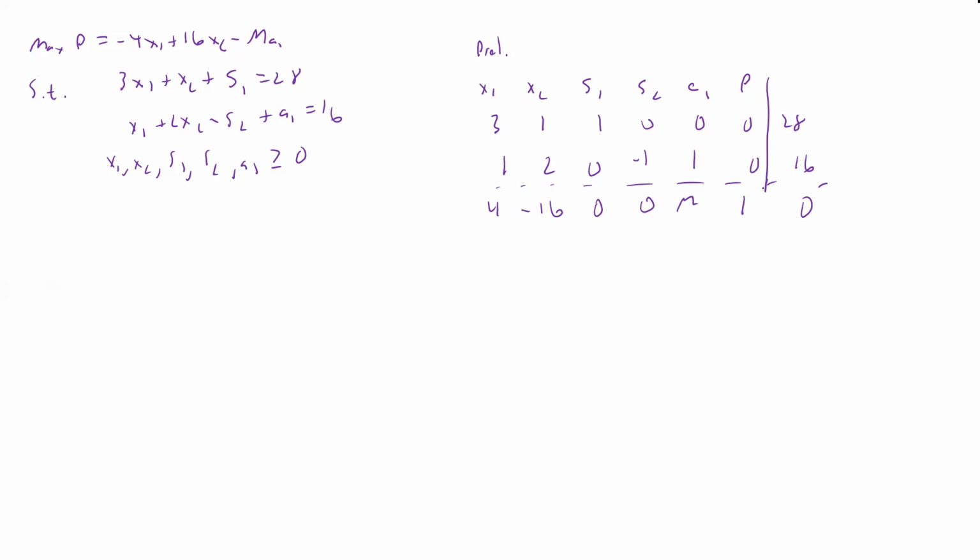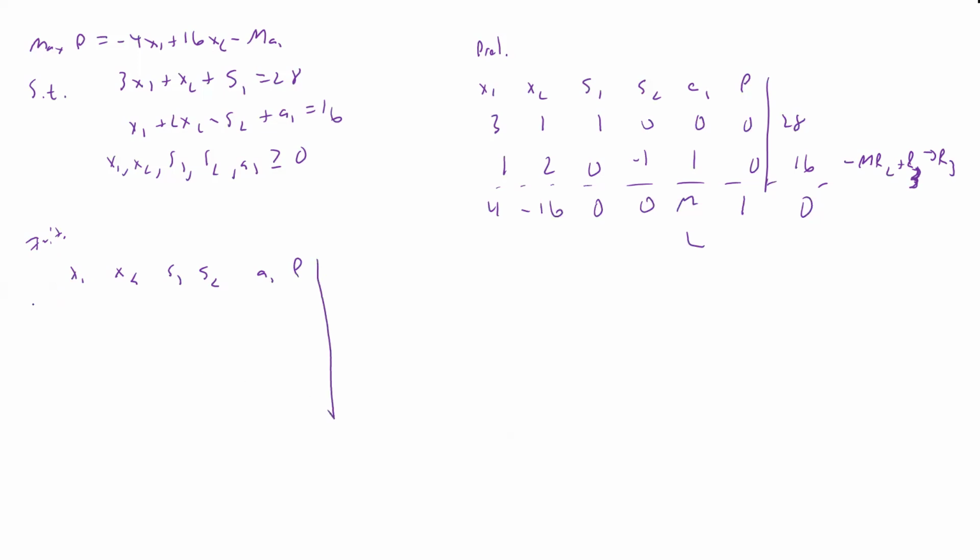All right, so again, we have to make that a 0, so we're going to take a minus M row 2 plus row 3, and that's our new row 3. Okay, so that's going to get us our initial tableau. And so that's going to be x1, x2, s1, s2, a1, p.